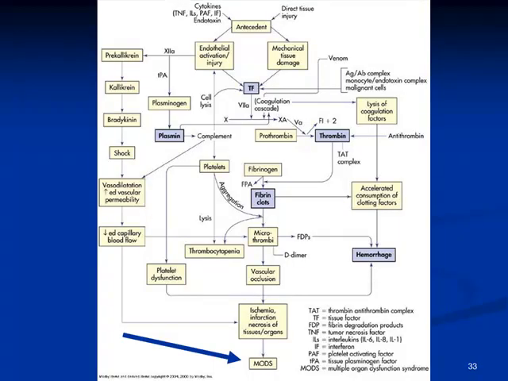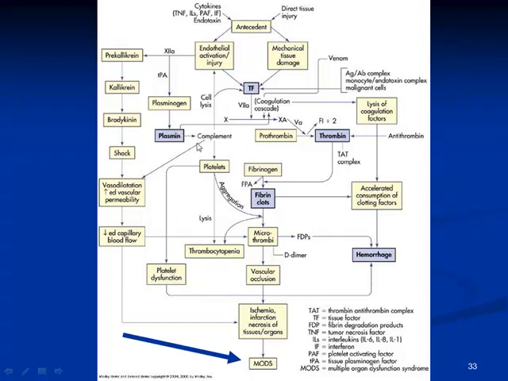And then here's a little more detailed picture. I just want to point out a couple of things on here. Again, I wouldn't expect you to memorize this or anything, but you can see over in the top left all of those immune mediators that we talked about a couple of weeks ago: kallikrein, bradykinin, and then plasminogen, plasmin.